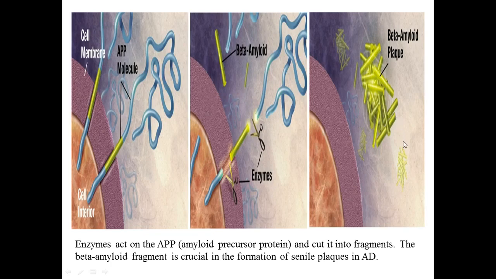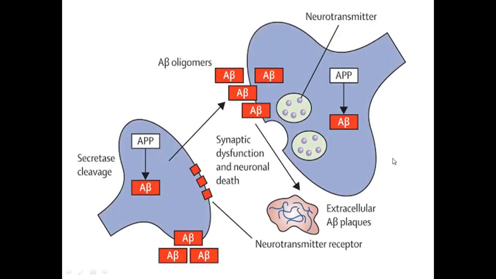Now next, see here, this is a neuron and this is a neuron. The neuron shows a neurotransmitter molecule and neurotransmitter receptors, and synapses take place. But because of the accumulation of this plaque, the synapse does not happen properly here.